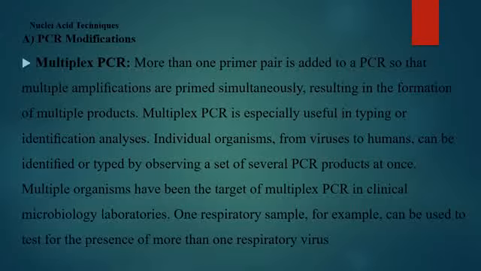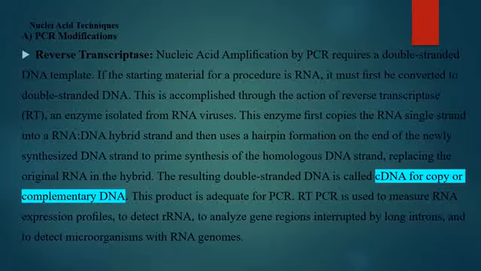So at the end of the PCR, we would have found out the particular one that is present, not just concern ourselves with one particular virus and then end up before we think of testing for the other. Concurrently, at the same time, we're able to run the test for all these organisms.